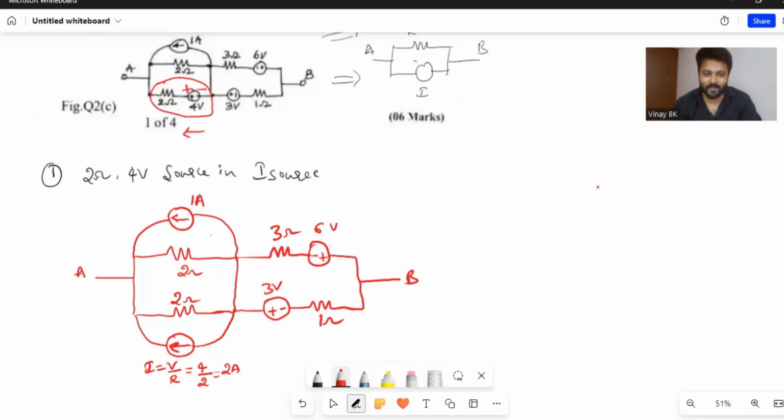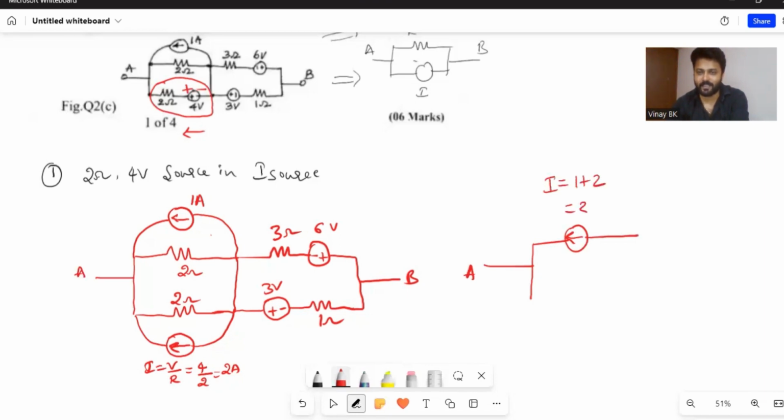So here 2 ampere and 1 ampere are in parallel and in the same direction. You need to add the current sources. You get only one current source from A, that is nothing but 1 plus 2. Here I will write the direction is from B to A because the same direction, so that current value is I equals 1 plus 2.